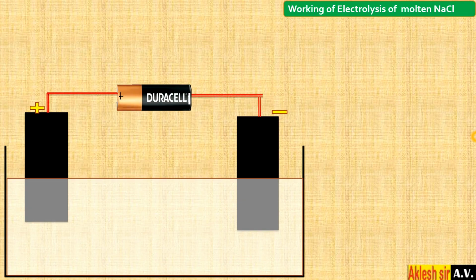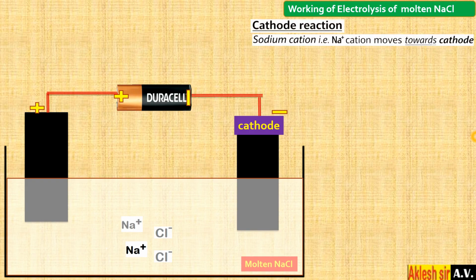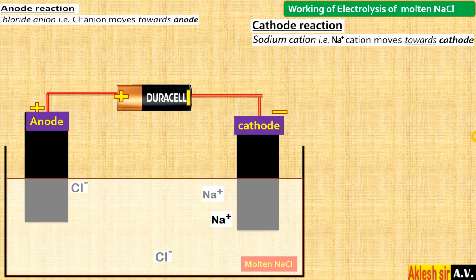Working of electrolysis of molten NaCl. Fused NaCl contains Na+ ions and Cl- ions, which are freely mobile. When potential is applied, the cathode attracts Na+ ions, and the anode attracts Cl- ions.